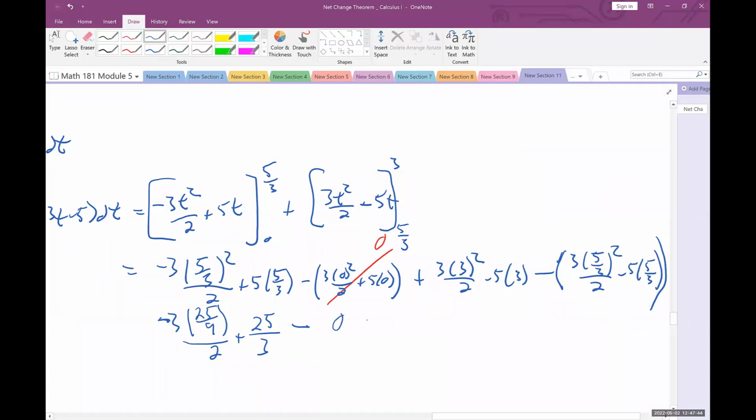So minus 0. And then plus 3 times 3 squared, that's 27 over 2. We have minus 15. And then what do we have here? We have minus, so again, 3 times 5/3 squared, that's going to be 3 times 25 over 9 over 2, minus 25 over 3. Oh, that should be 9 here, shouldn't it?